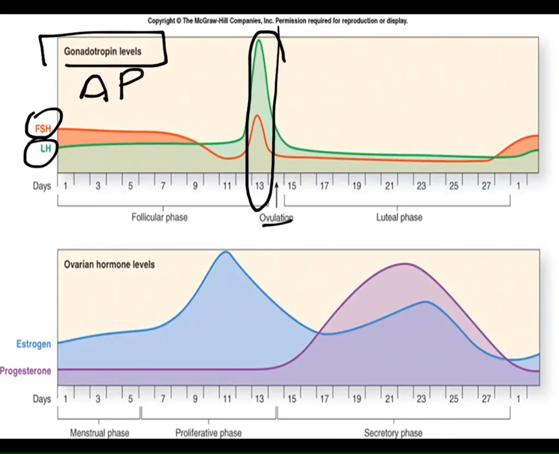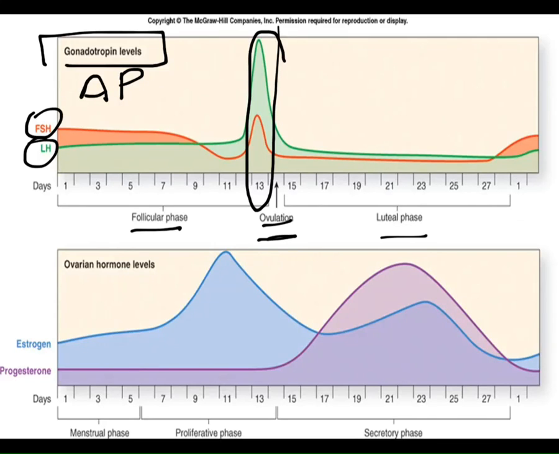And if intercourse happened right there, that'd be a good success, wouldn't it? Because the sperm are good for 72 hours, the egg's going to be released at 14 days, and that'd be good timing. On the bottom, we're up in the ovary. So again, follicular phase, the first 13 or so days, day of ovulation on day 14, luteal phase after that.